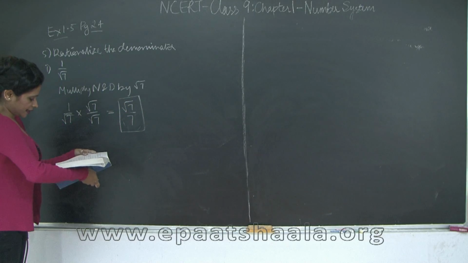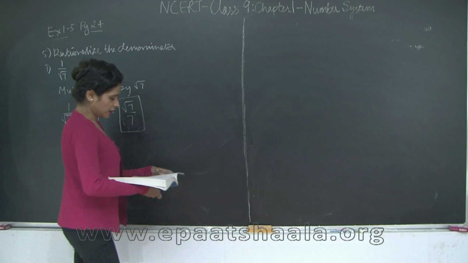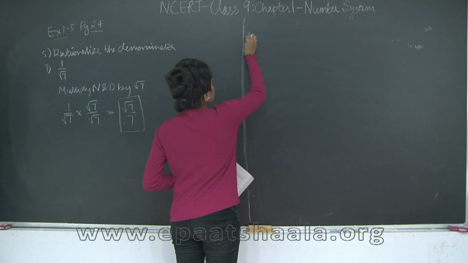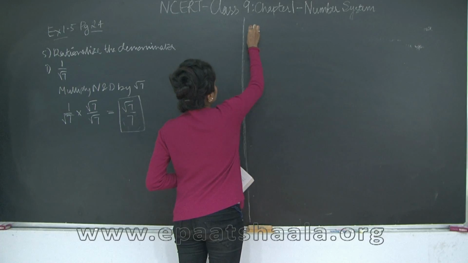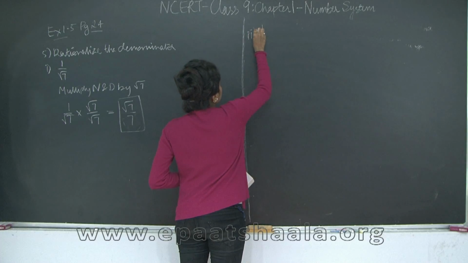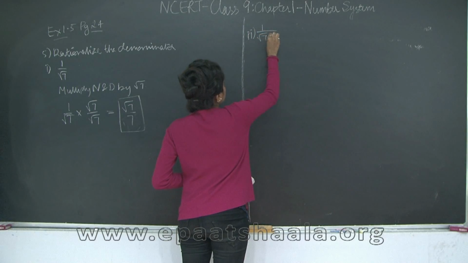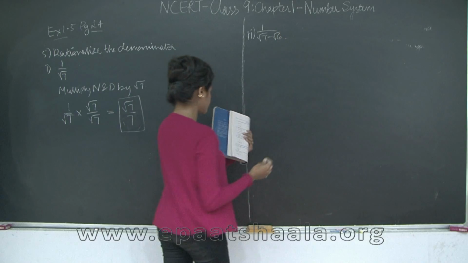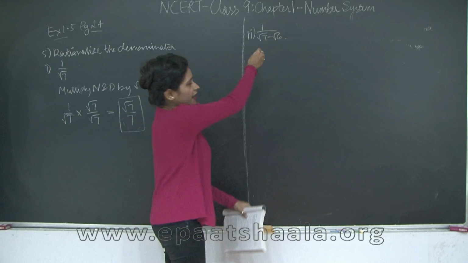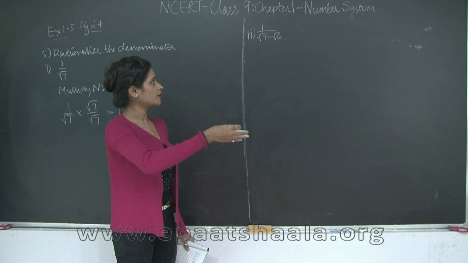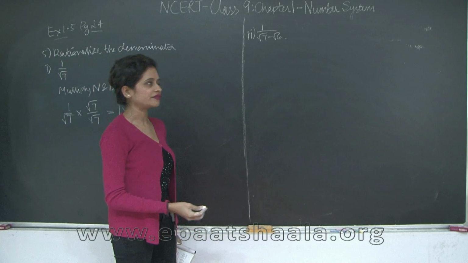Let's take a look at the second question. 1 upon root of 7 minus root of 6. So here the rational factor of root of 7 minus root of 6 will be root of 7 plus root of 6.